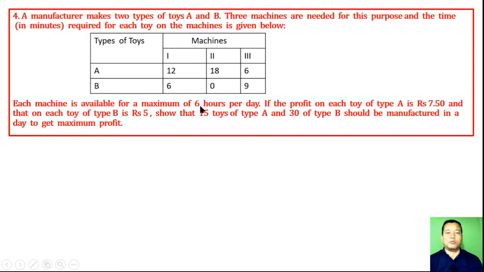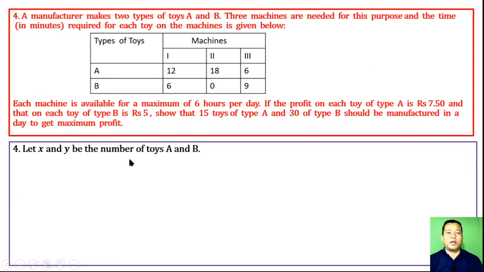If the profit on each toy of type A is rupees 7.5 and that on each toy of type B is rupees 5, show that 15 toys of type A and 30 of type B should be manufactured in a day to get maximum profit.